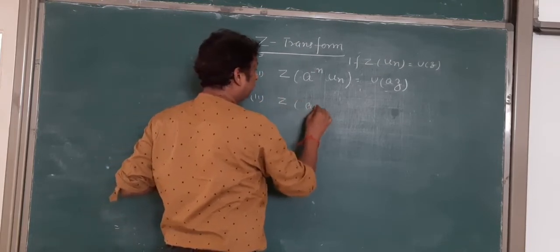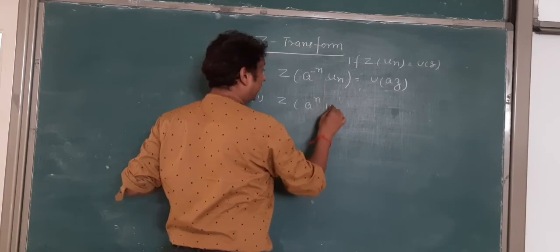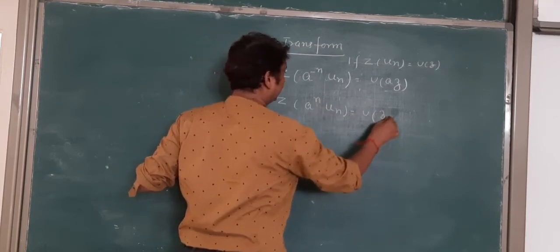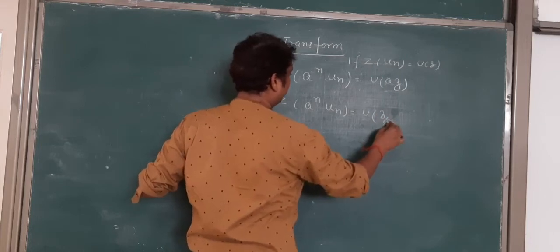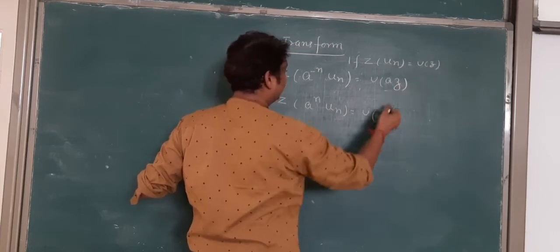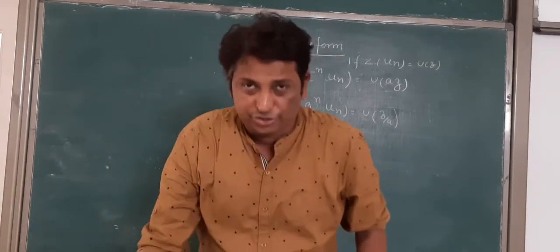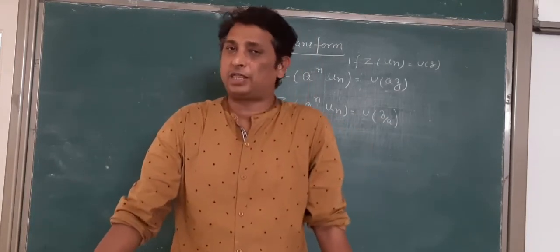And second, when we go for the Z transform of a to the power n u(n), it is like the change of scale property. It is simply a version of the change of scale property of Laplace transform.